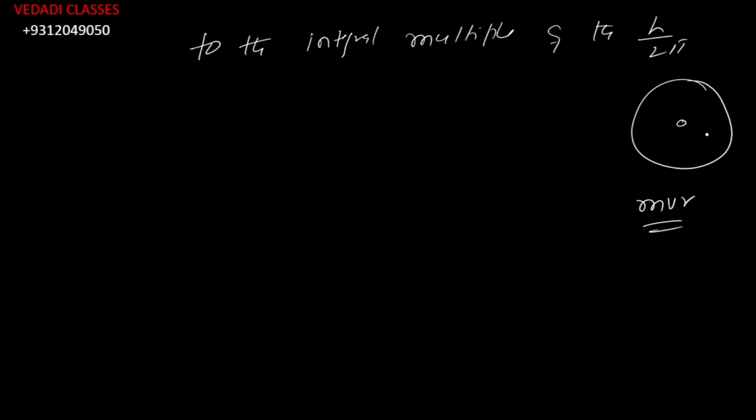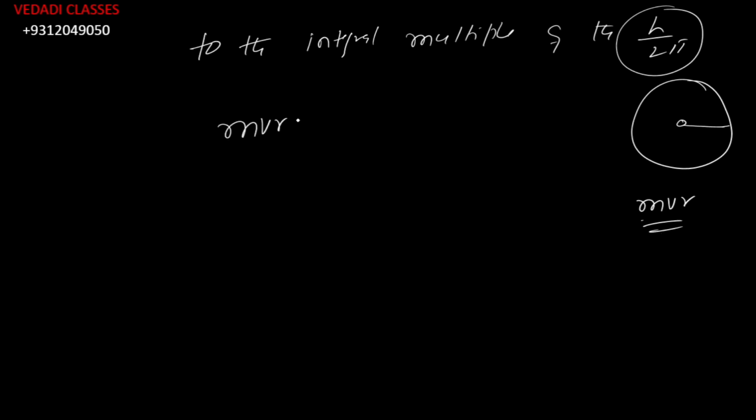So I told you this is the angular momentum. If an electron moves in a circular path, it will have angular velocity and it will have mass. So its angular momentum is mvr, and it will be an integral multiple of h upon 2 pi.